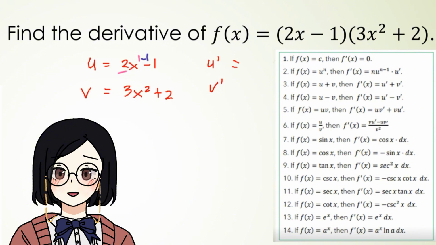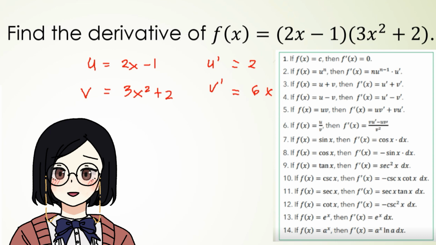Now, any non-zero number raised to 0 is equal to 1. So simply, u prime is equal to 2. Now, for v prime, we will have 2 times 3. So we will have 6. Then deduct by 1 degree. And then the constant, we will have 0. So v prime is equal to 6x.